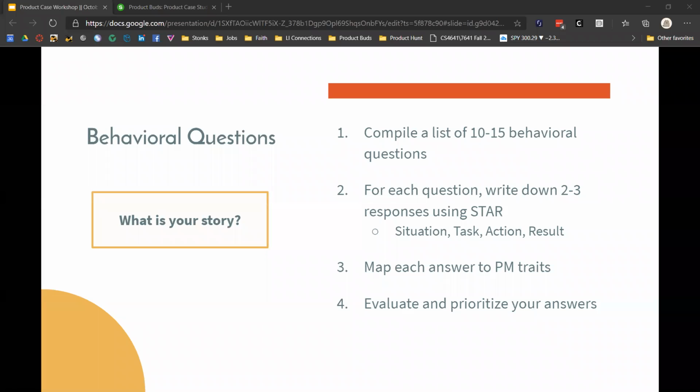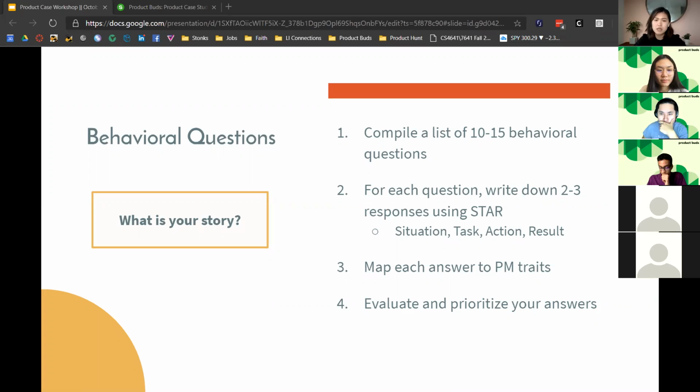Like test one with one friend and ask them what they got out of that question and your answer. And then take it one step further and ask yourself, what PM trait does each response map to? And at the end of the day, you'll really be able to cut down and prioritize which are your best responses. And then you'll be able to clearly communicate that to your interviewer.